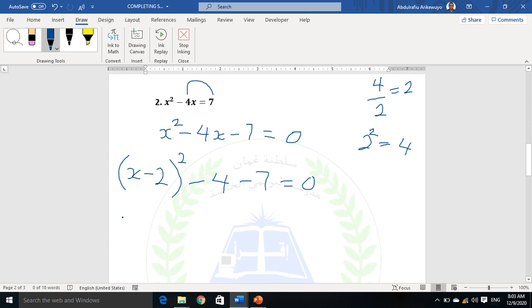So now what I do is I have x minus 2 all squared. Open and close the bracket, squared. Now, minus 4 minus 7 is what? That should be minus 11. Yes. Minus 4 minus 7 is minus 11. Negative 11. Good. Is equal to 0.